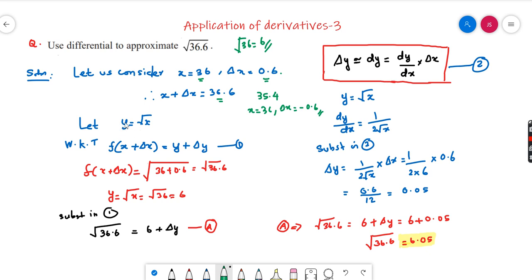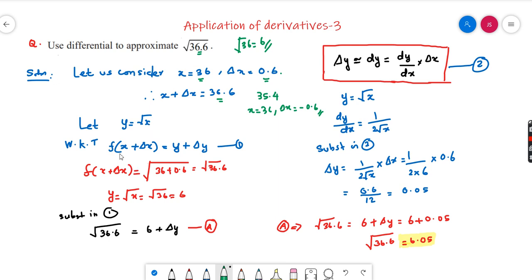Now we can define y is equal to square root of x, because y is the output or the answer, and it is defined as y is equal to square root of x, because the operation done on the given number is square root. So y is equal to square root of x.